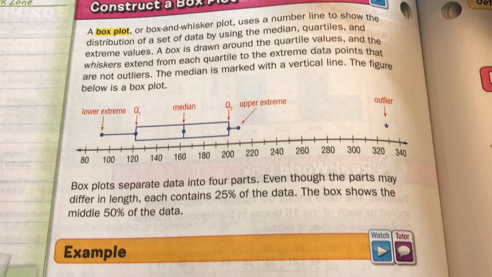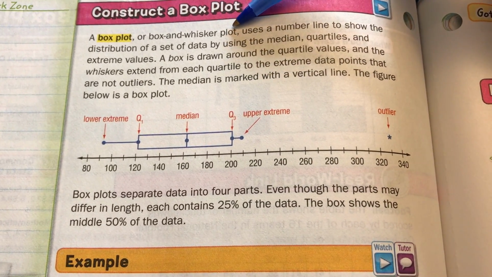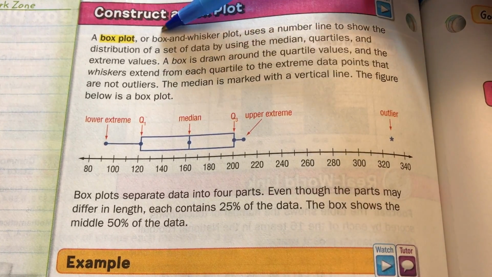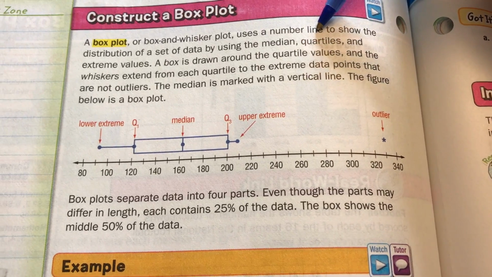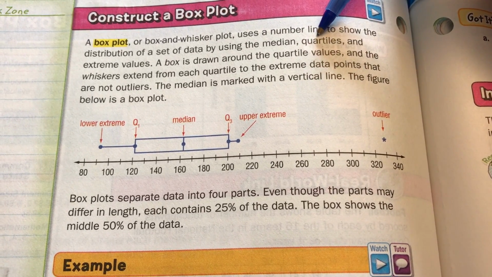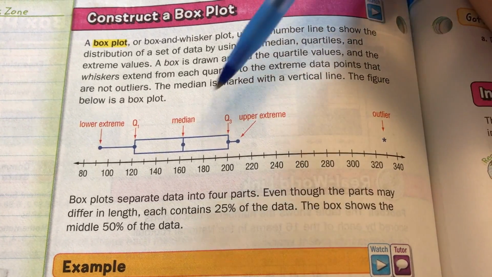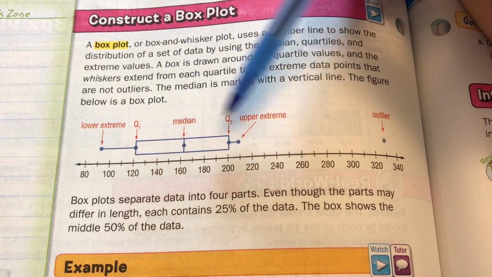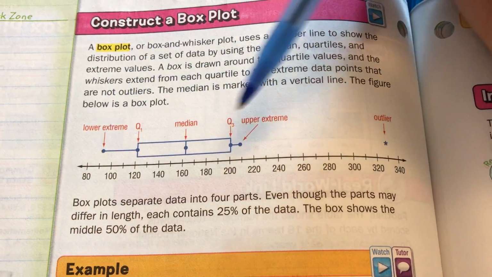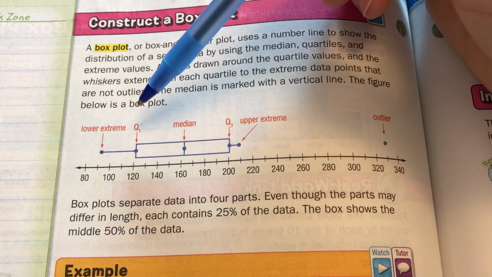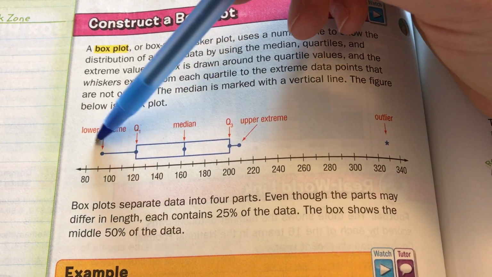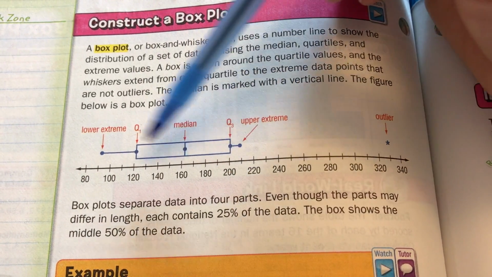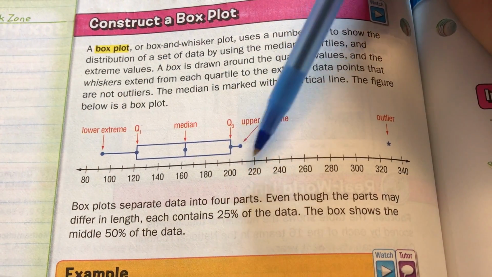So let's go through this. A box plot, or box and whisker plot, so sometimes it's called a box with these little whiskers, uses a number line to show the distribution of a set of data by using the median, quartiles, and extreme values. A box is drawn around the quartile values, and the whiskers extend from each quartile to the extremes, so the lowest and the highest data.